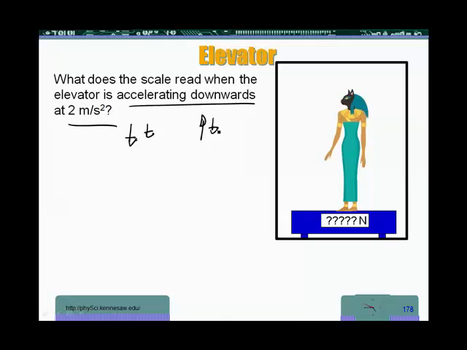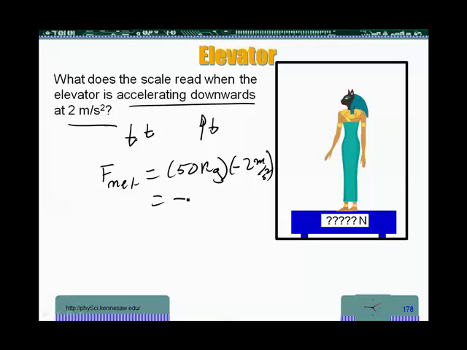Now, if my acceleration is downwards, it's the same situation as we had before, except now my net force is going to be 50 kilograms times minus 2 meters per second squared because of the negative direction.